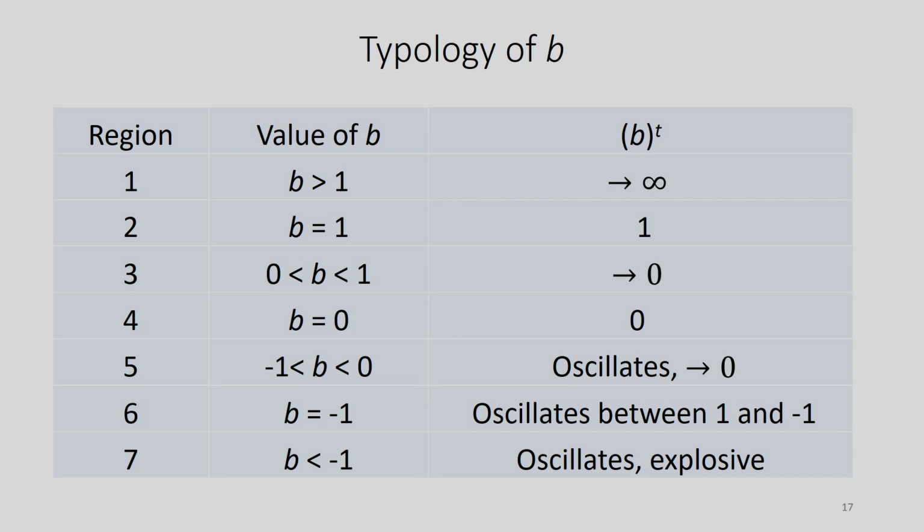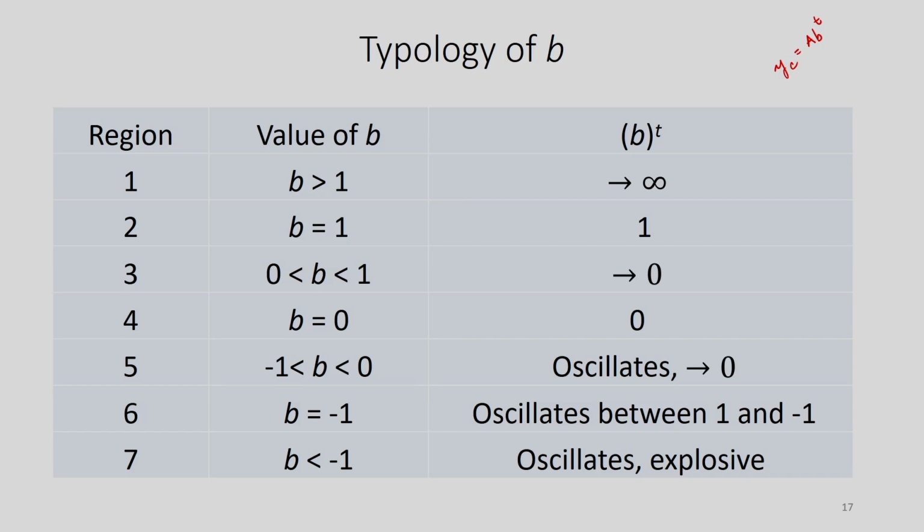So, the first case is B. What is B? Remember, y c is equal to a b to the power t. So, here there is a B term. B is a constant, but constants can have different values.